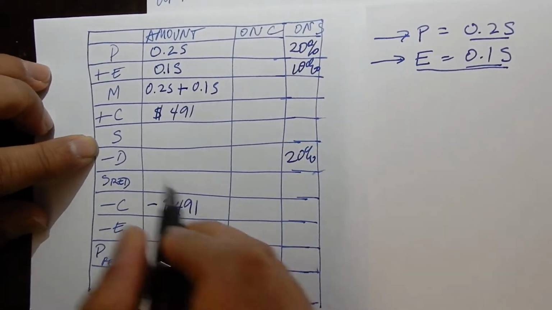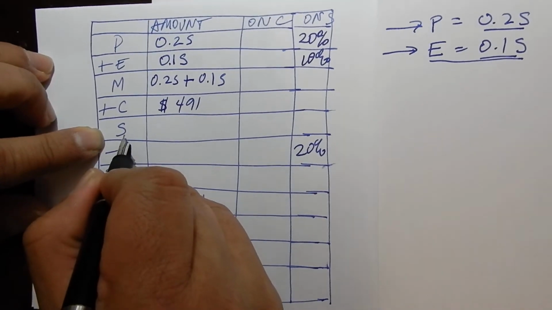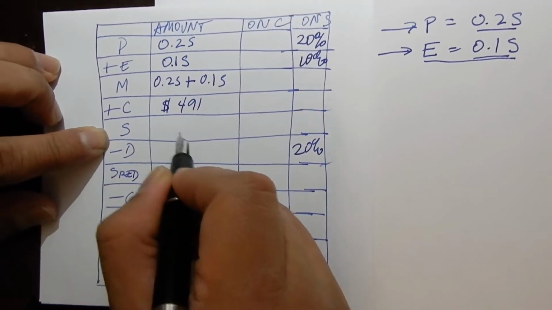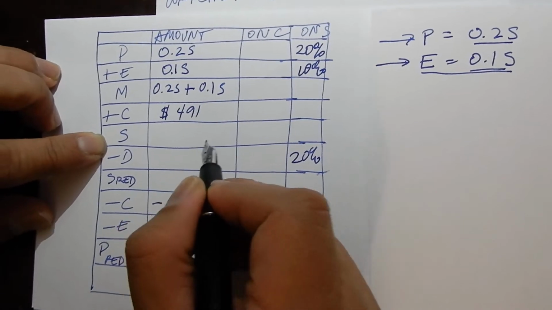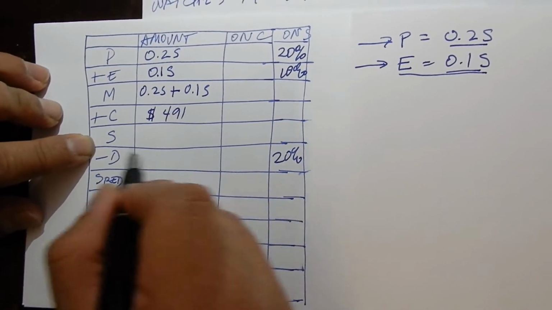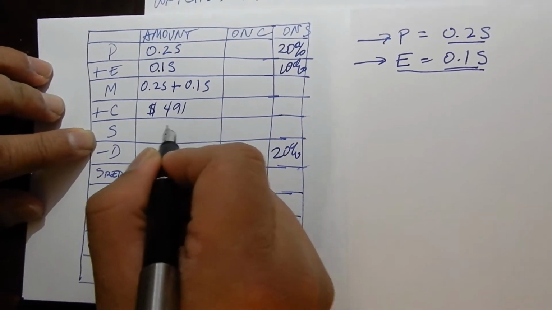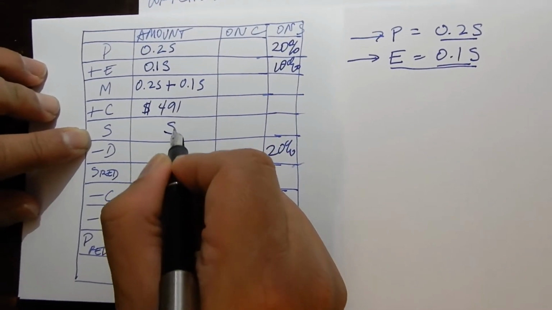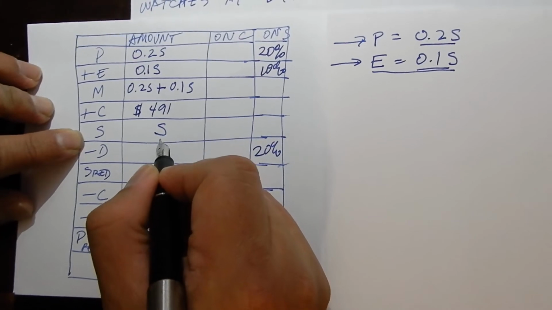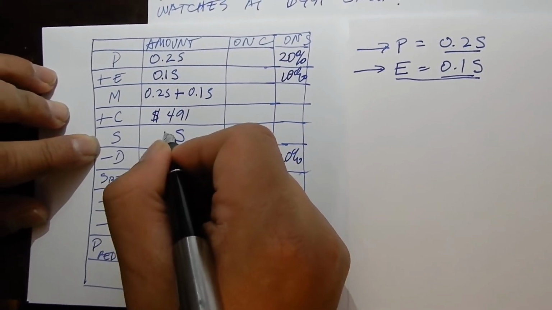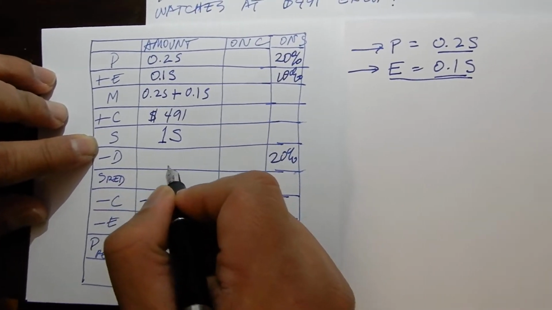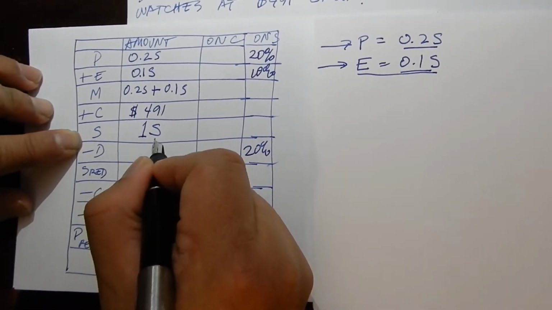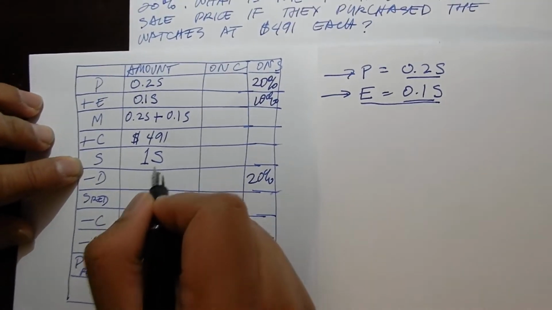The secret here is that we can also fill the S box with an algebraic term. S is always S. And remember, if you have just S as a variable, there's always an implied 1 as the leading coefficient, so it's 1 multiplied by S.